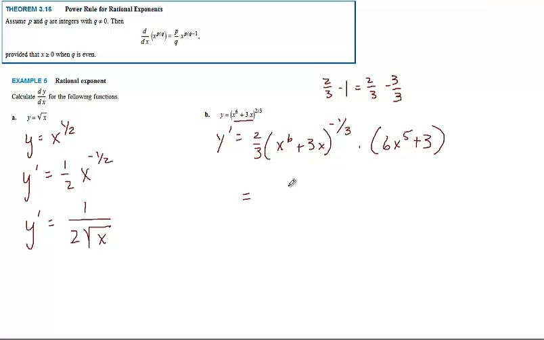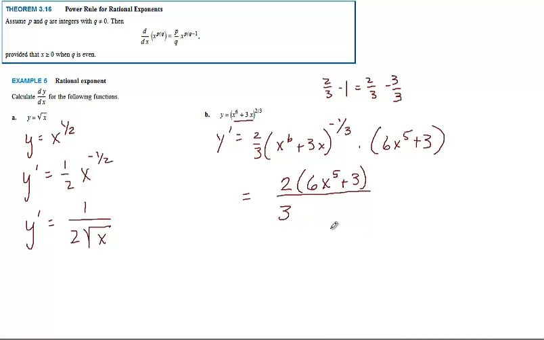Cleaning this up, 2 times 6x to the 5th plus 3 over 3 cube root, oh, they left it, well, I don't have to write it. Probably should leave it in fractional exponent.